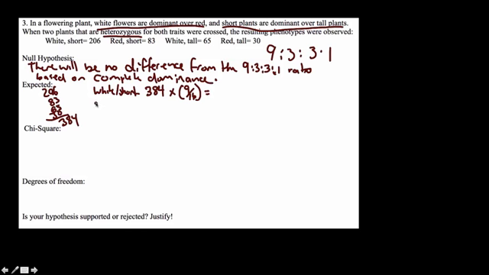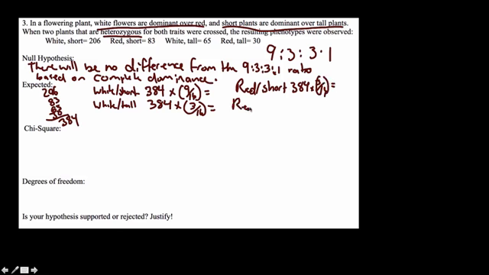And then we would do white, tall, and it's 384 times 3 divided by 16 equals. And then we have red, short, is 384 times 3/16 equals.